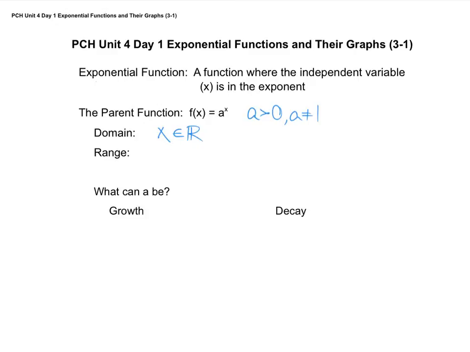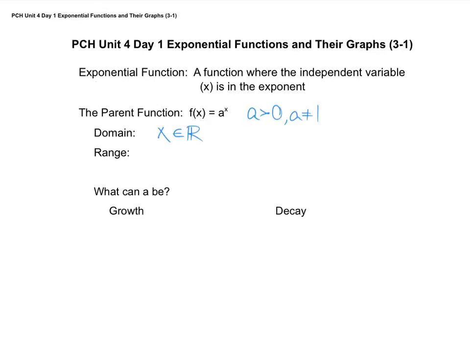What happens as it gets to the negative side? It's going to be a reciprocal, okay? So if I had 3 to the negative whatever power, what's going to happen as x gets lower and lower towards negative infinity? Approaches 0. The number is going to approach 0. Okay, very good.